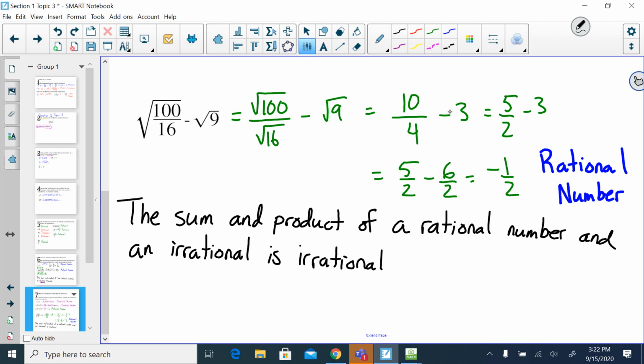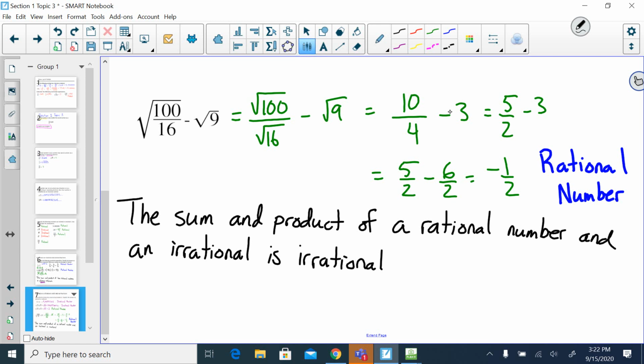I didn't have an example for the product one, but it does follow the same rules. If you have a rational number and you multiply it or you add it to an irrational number, that irrational number is going to take precedence over it, so the answer is going to be irrational.